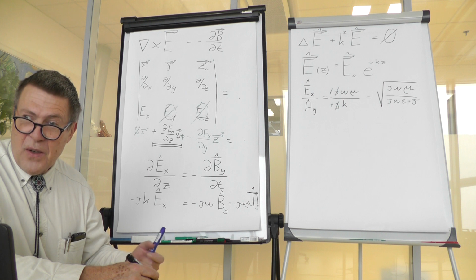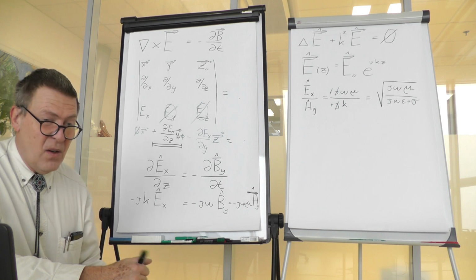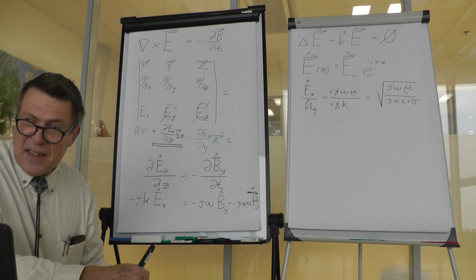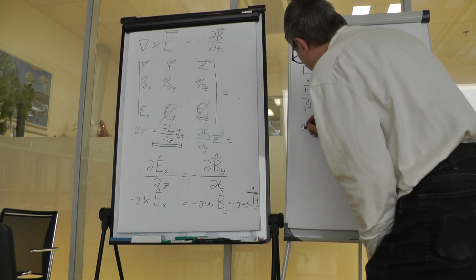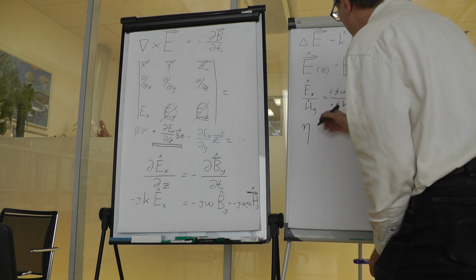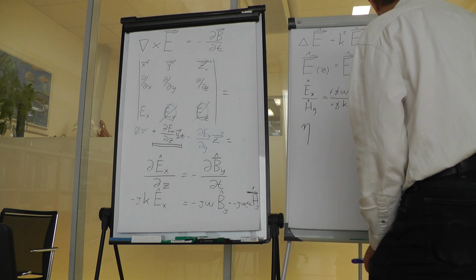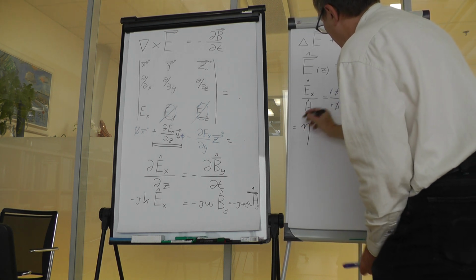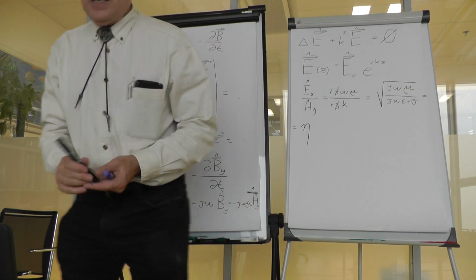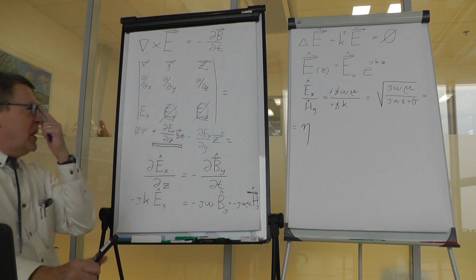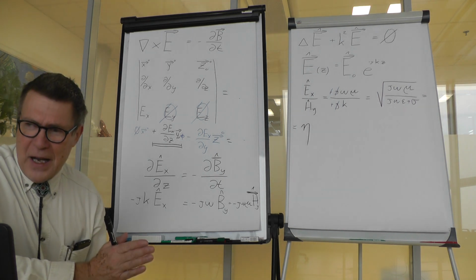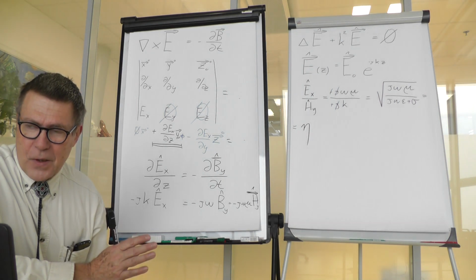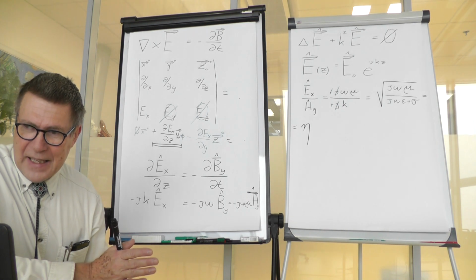It is called free space or wave impedance, and it has a special letter, eta. So this is a special quantity. When there is a special quantity, we should possibly find out its value for some general case.